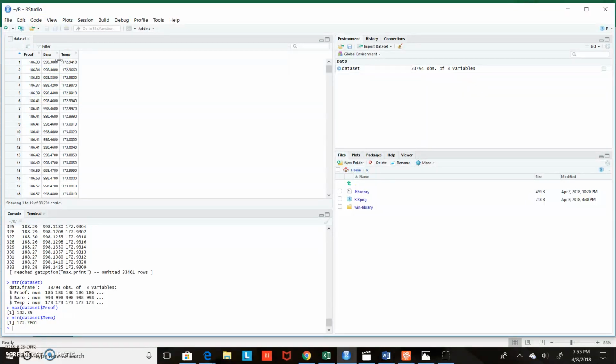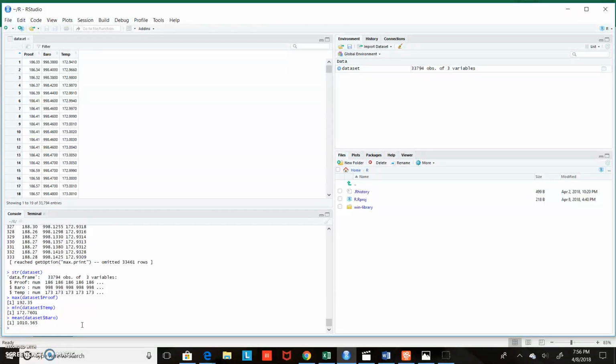The next variable I want to look at is barometric pressure. And this pressure really varies a lot according to where you live. For instance, it would be way different in Florida than it is in Washington, and even different on Whidbey Island. So we're going to use the mean function to see the average barometric pressure that we are dealing with.